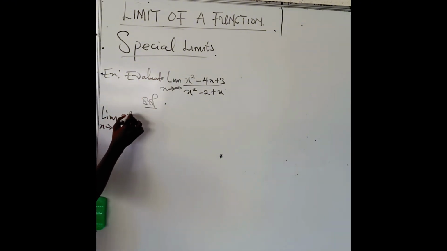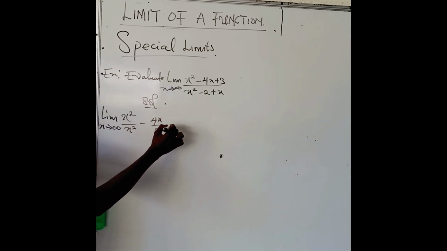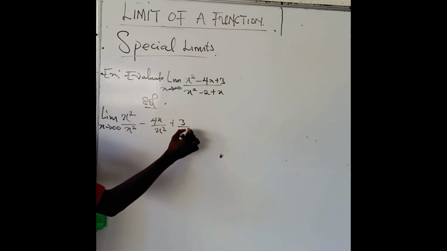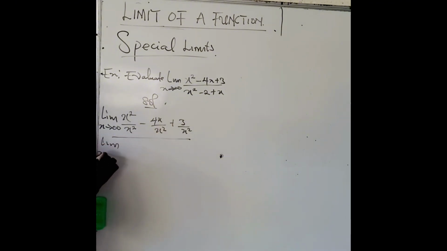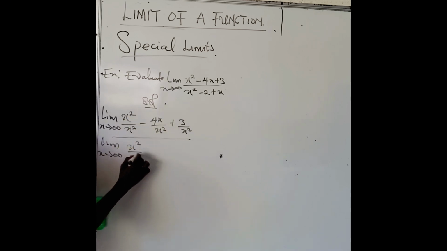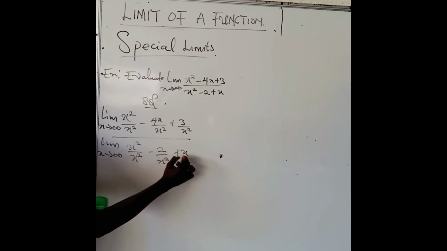So it is written as s squared over s squared minus 4s over s squared plus 3 over s squared, all over s squared over s squared minus 2 over s squared plus s over s squared.